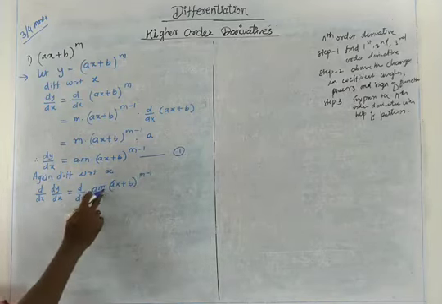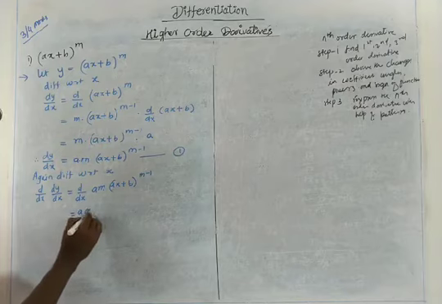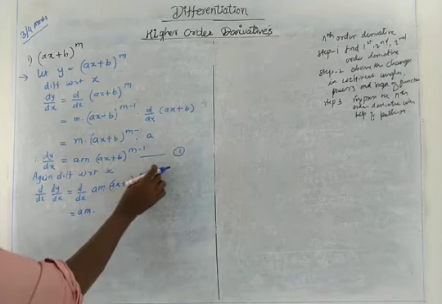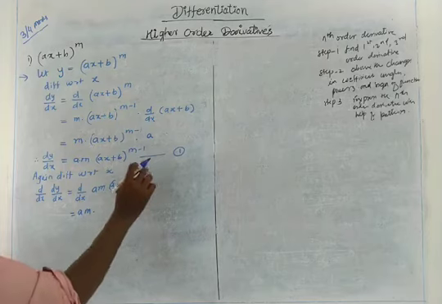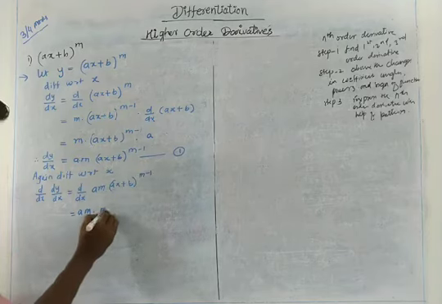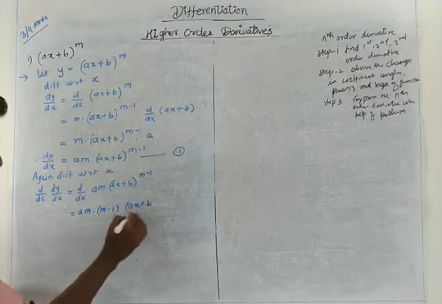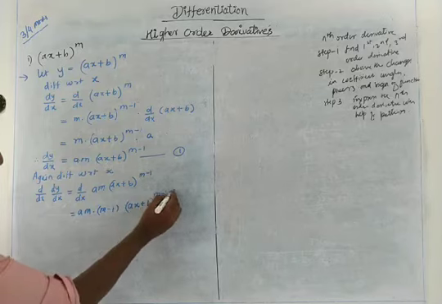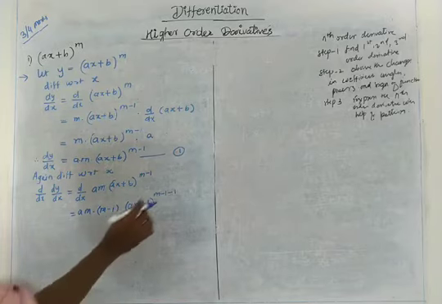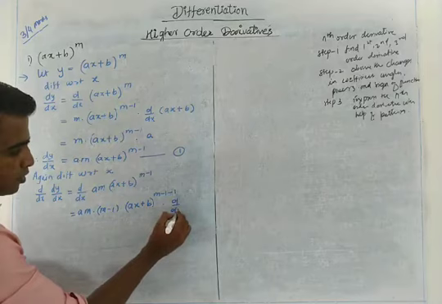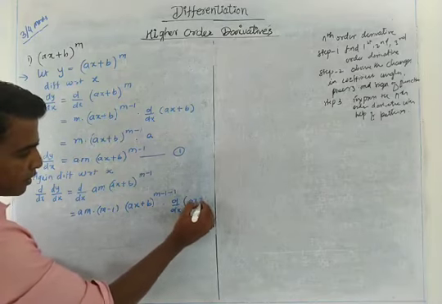Now a and m are constant terms, taking outside, into the derivative of (ax + b) raised to m minus 1. So we will simplify the power first by using the x to the n formula. So we will get m minus 1 into (ax + b) raised to m minus 1 minus 1, by the x to the n minus 1 formula, into d/dx of ax + b.